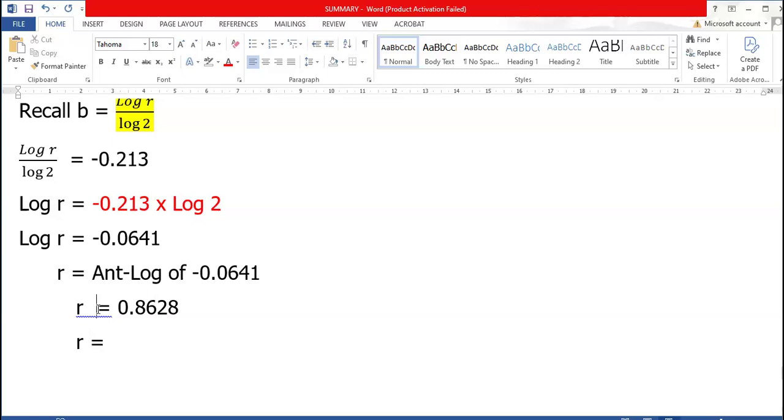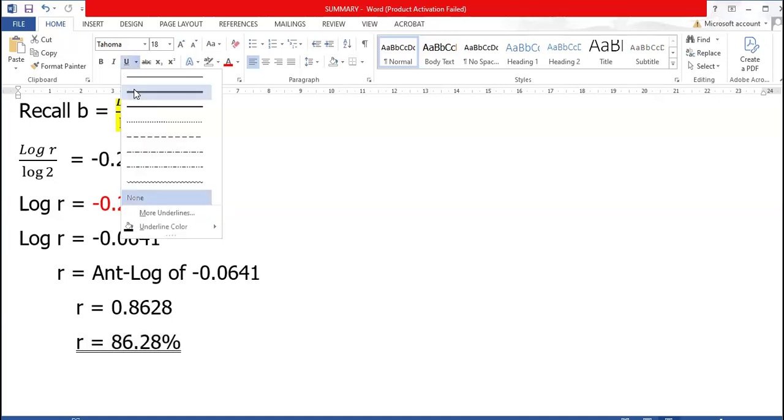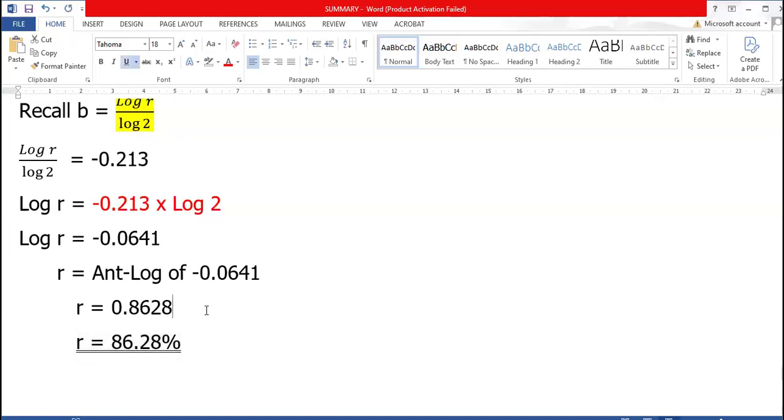That is 86.28%. And that's what the examiner needed.